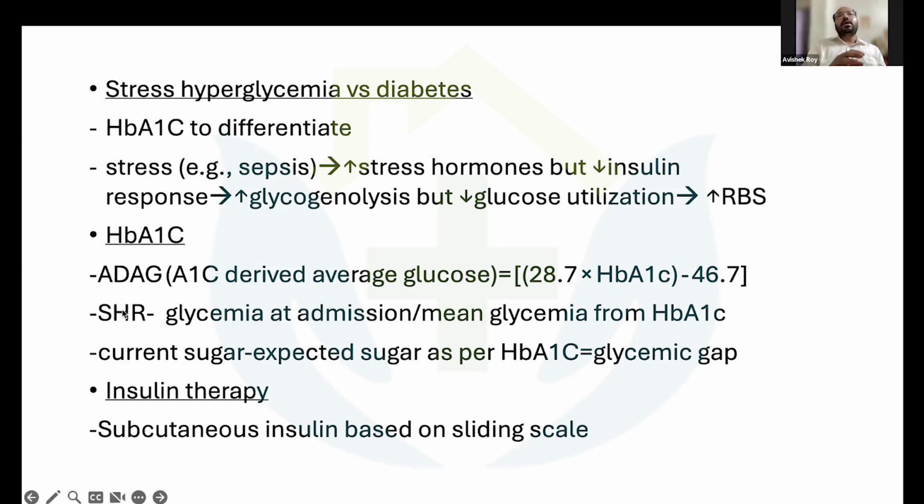The glycemia at admission divided by the mean glycemia derived from the HbA1c gives us the stress hyperglycemia ratio, which is again a marker of sugar control in our ICU. And the current sugar minus the expected sugar as per the HbA1c is known as the glycemic gap.